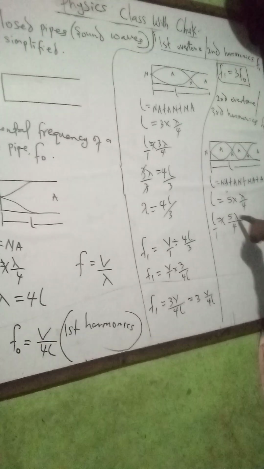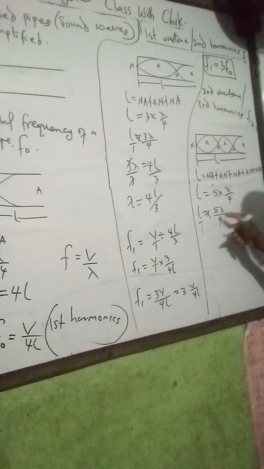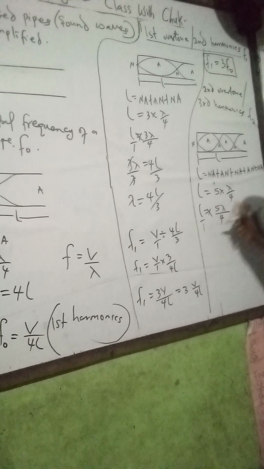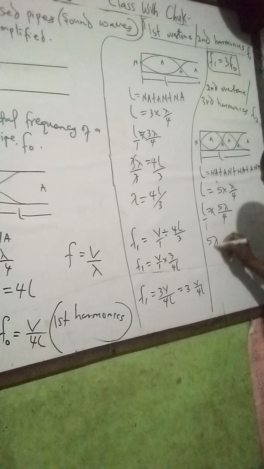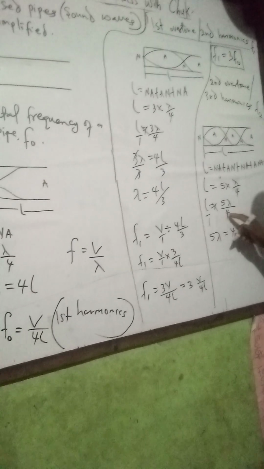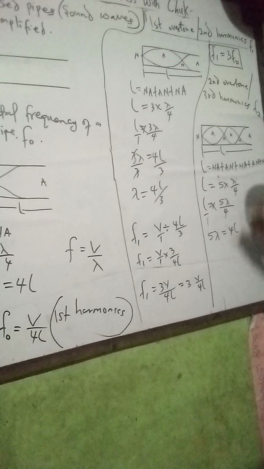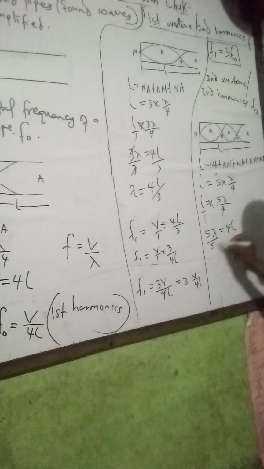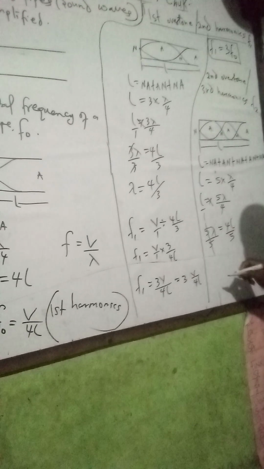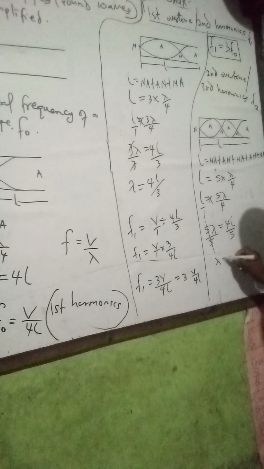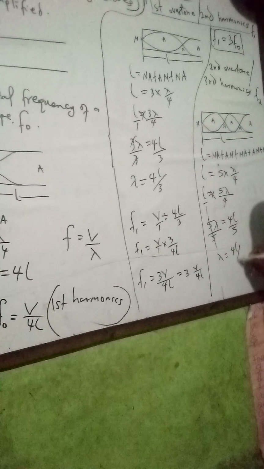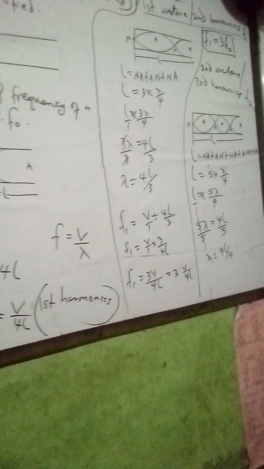Now get wavelength by crossing and multiplying. 1 times this will still give 5 wavelength equal to 4L. Divide by 5, so that wavelength will be equal to 4L over 5.